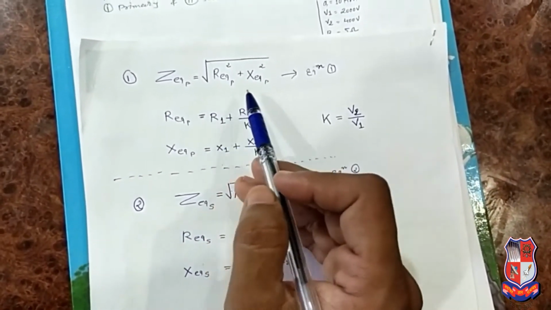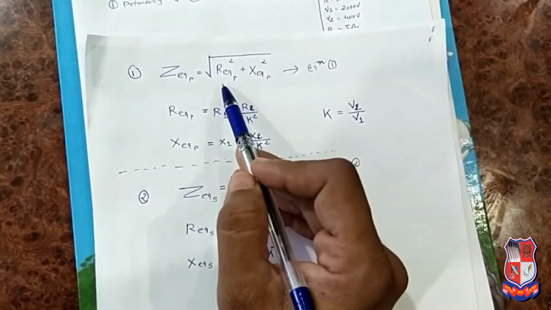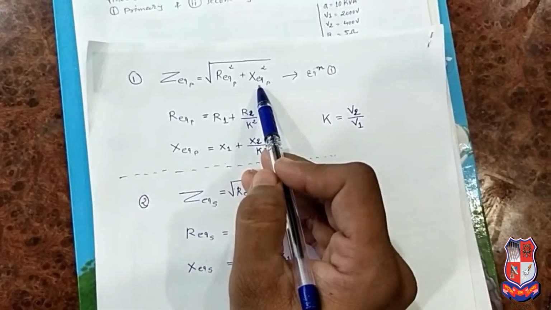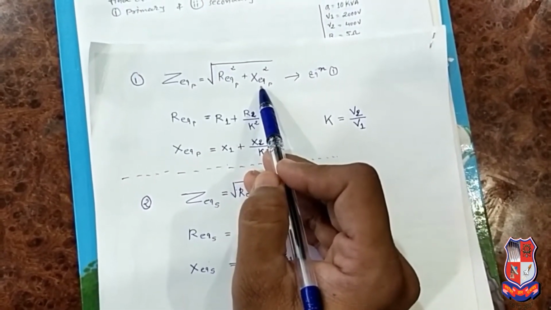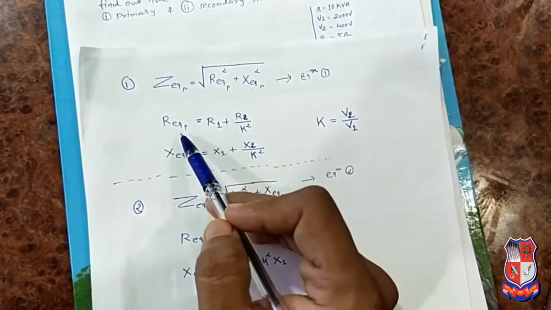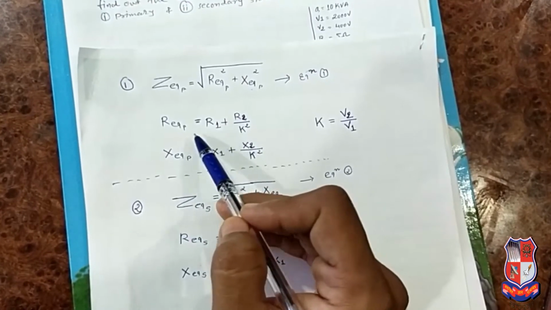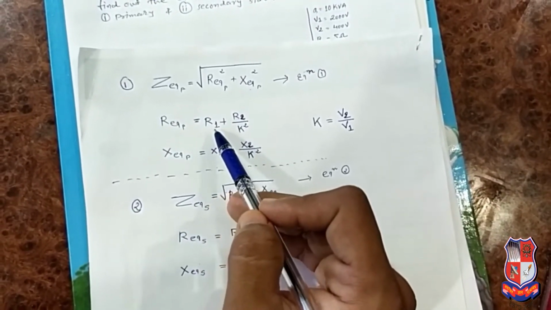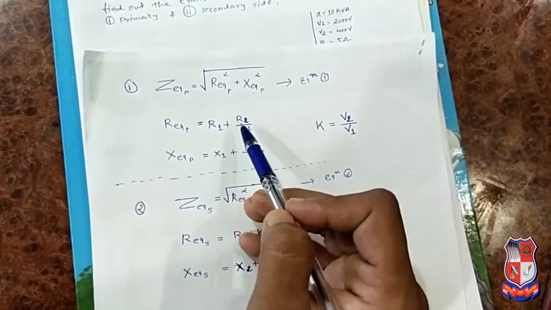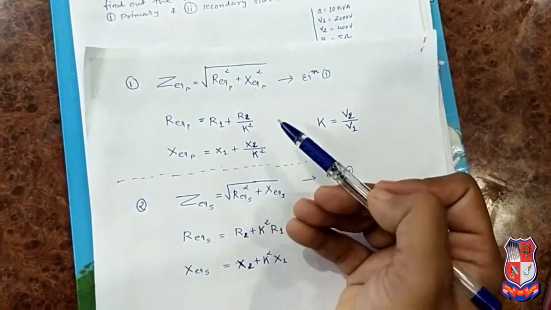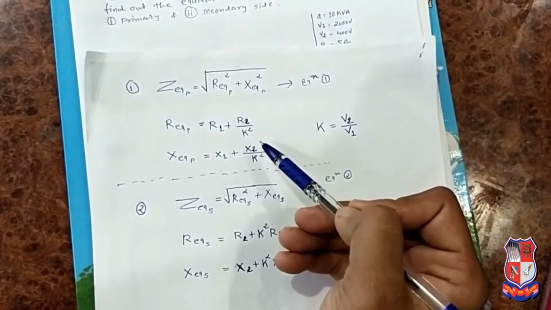By solving equation number 1, the two unknown parameters are R equivalent of primary and X equivalent of primary. To find R equivalent of primary, the equation is R equivalent of primary equal to R1 plus R2 by K square. Here in both these equations, K is an unknown quantity.